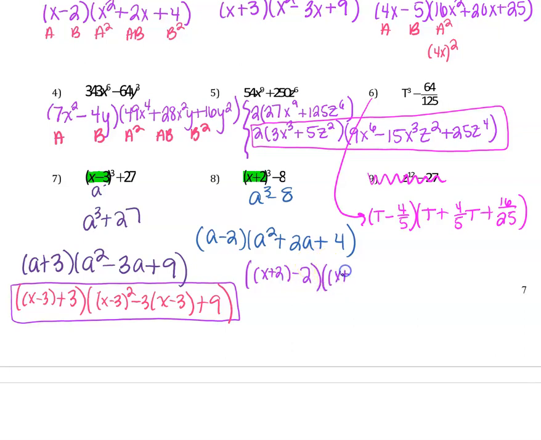So everywhere I see an a, I'm plugging in an x plus 2. My exponent got messed up. And that would be your final answer. Okay, so that's how you factor the sum and difference of two perfect cubes.